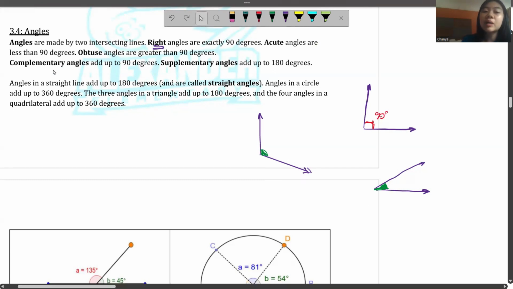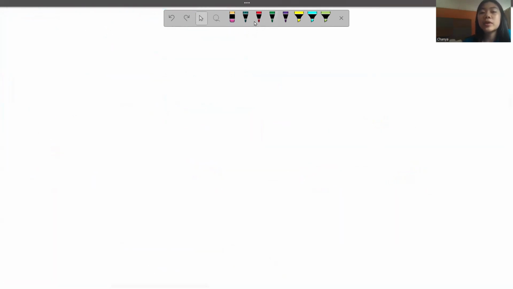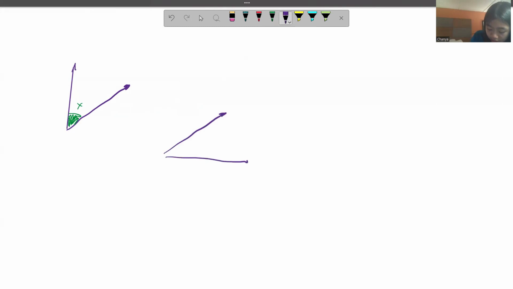So moving on to complementary angles. Complementary angles add up to 90 degrees. So for example, if you had this angle here, this angle here, and let's call this angle x, and you had this other angle right over here.